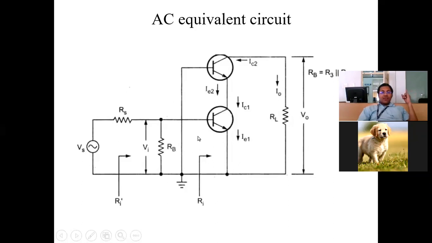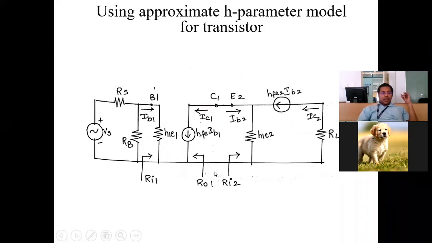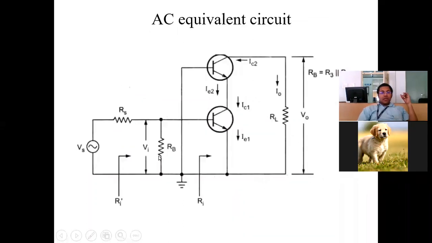Between base and emitter, what do we have? Please answer. HIE. Very good, HIE. So first I will draw HIE from base to emitter. Next, to avoid confusion, let us name the terminals: B1, E1, C1 corresponding to the first transistor.